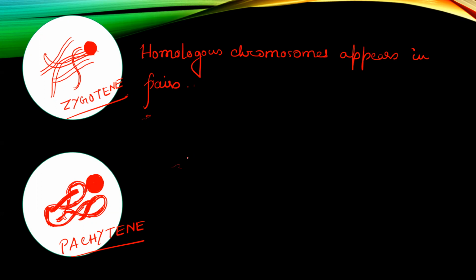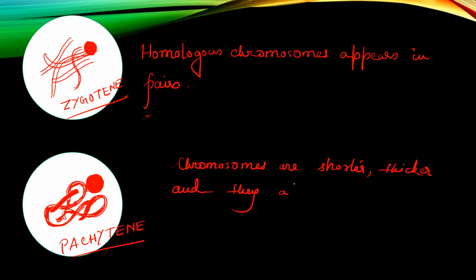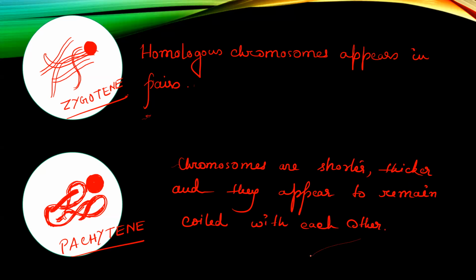Chromosomes are shorter, thicker, and homologous chromosomes appear to remain coiled with each other, right?